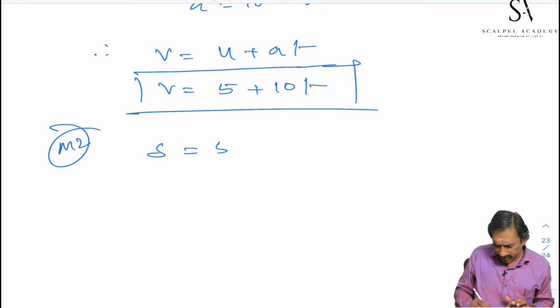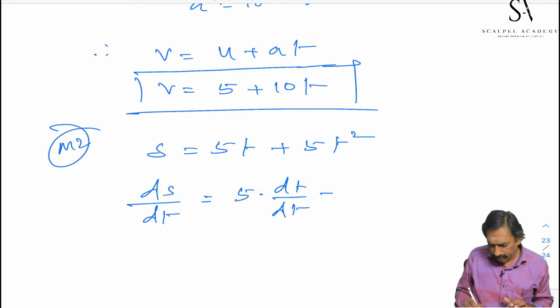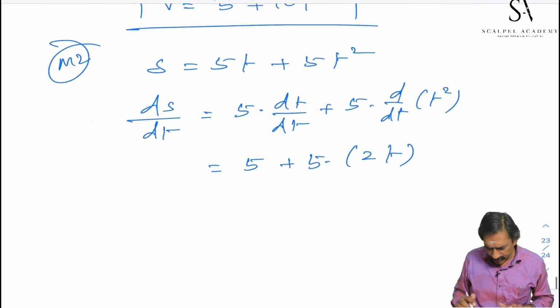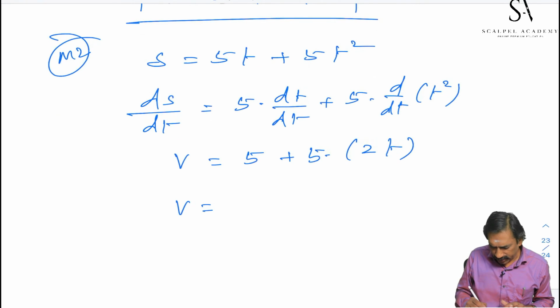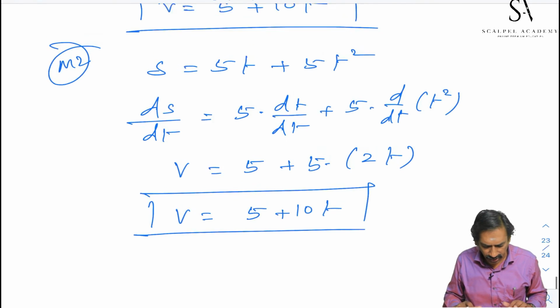S as a function of time is given. Rate of change of displacement is called velocity. 5 into dt by dt plus 5 into d by dt of t square. That is equal to 5 plus 5 into 2t, that is equal to 5 plus 10t. This is another method. Velocity as a function of time.